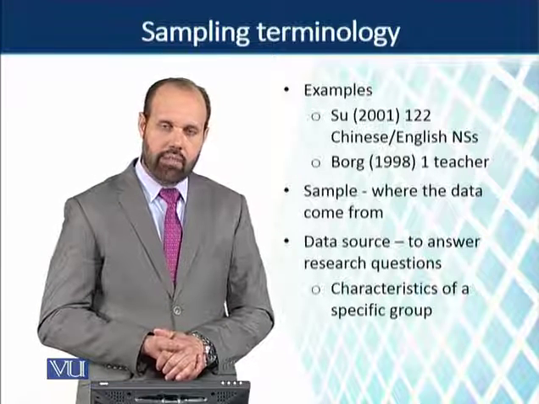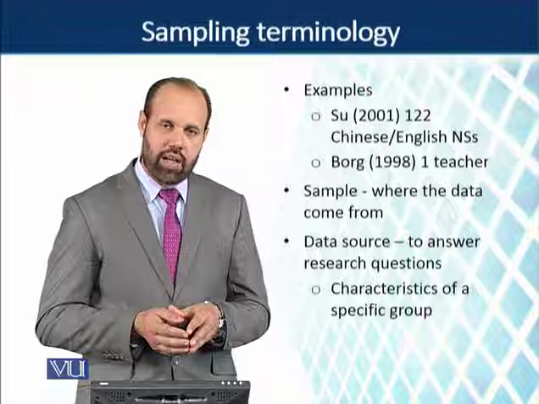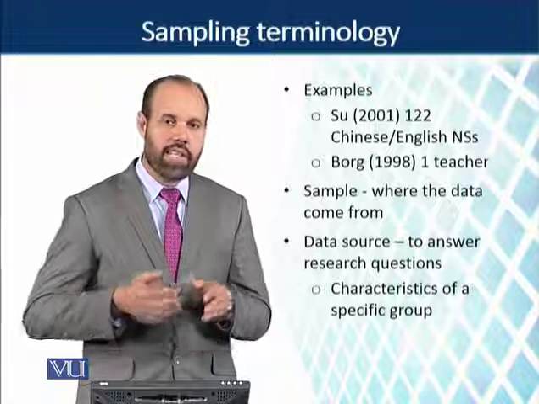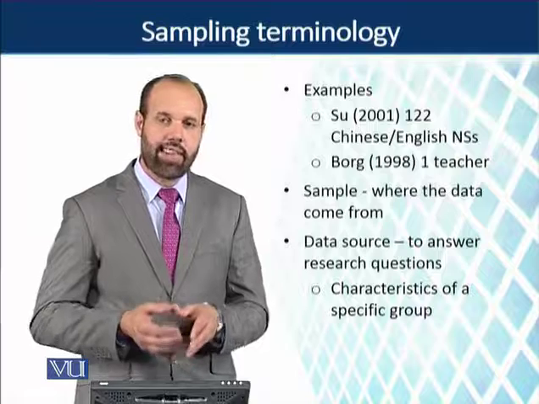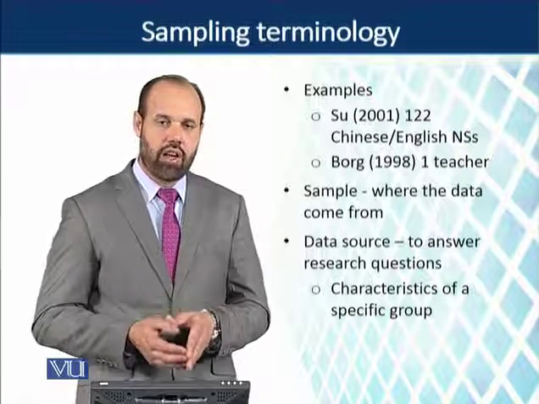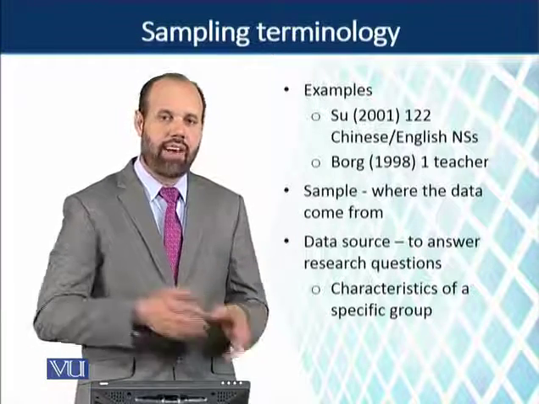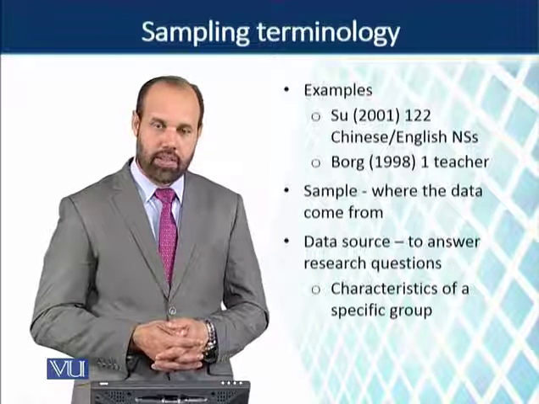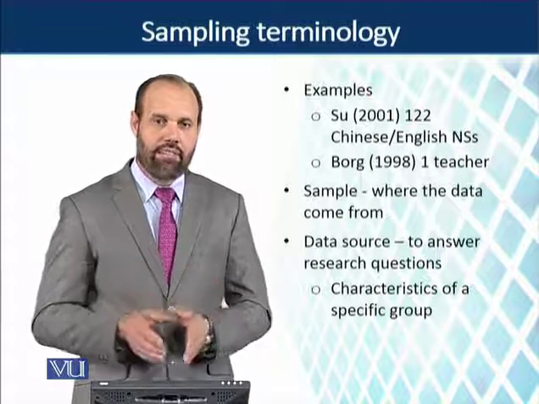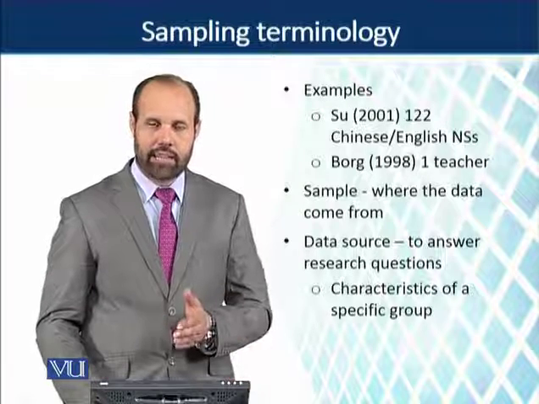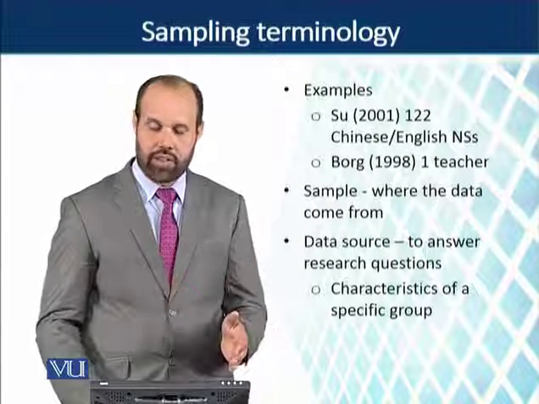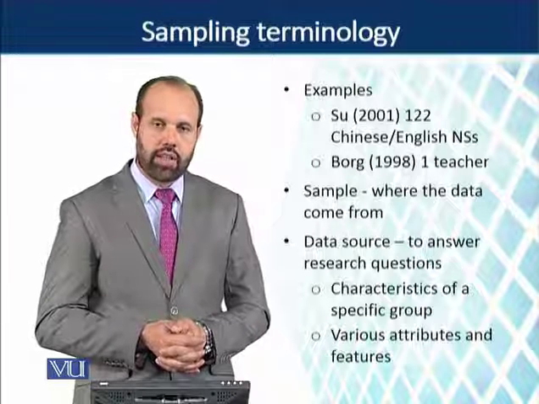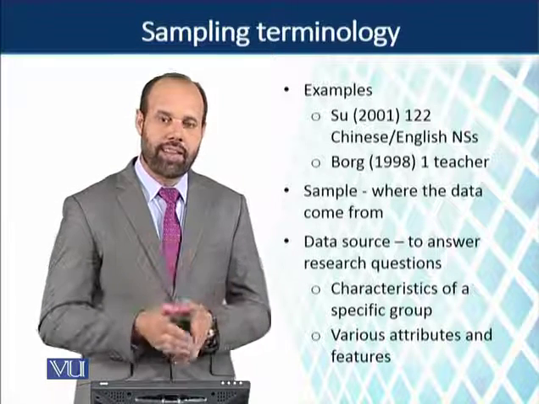And a sample is basically taken when all the important characteristics, attributes and features of the population are found in the sample, right? So characteristics of a specific group are then found in the sample because the sample is the representative of the population, right? And those various attributes and features must be there in the sample.